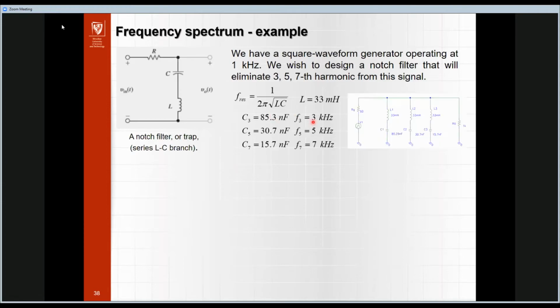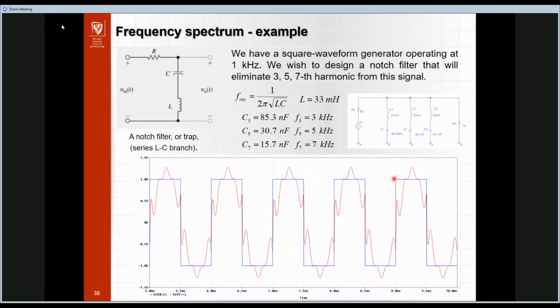Okay, and now we make the whole schematic. We have our source with some resistance, and we have the notch filter, which is also called the trap, for the first, the second, and the third frequency, corresponding to 3, 5, and 7 kilohertz.